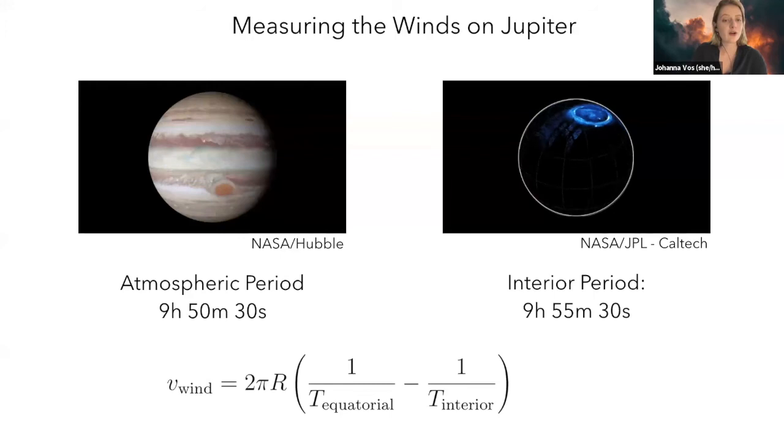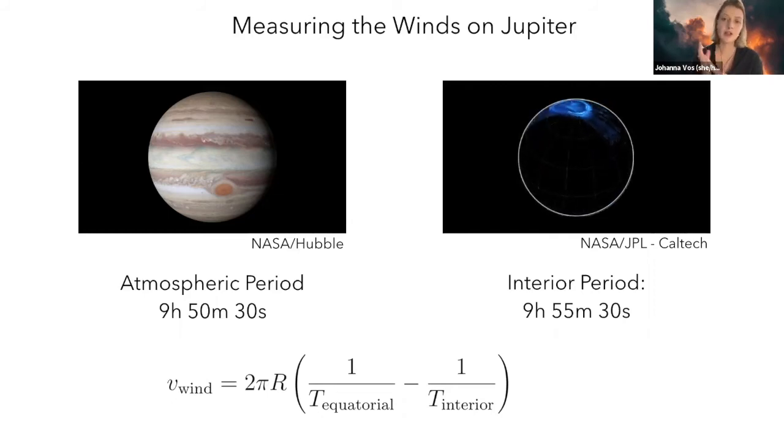But Jupiter also emits aurora. I'm showing you the UV aurora here, but these aurora are also emitted through beams in the radio, which can be modulated by its rotation. And since Jupiter's dynamo lies, I think, at least 7,000 kilometers below its surface, when you're probing this radio period, which is powered by the magnetic dynamo, you're actually probing the nearly rigid body rotation of the interior of the planet.